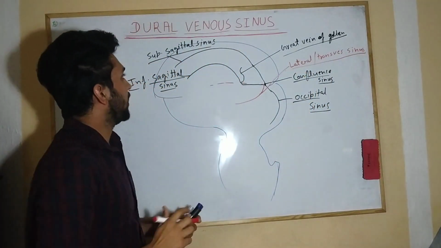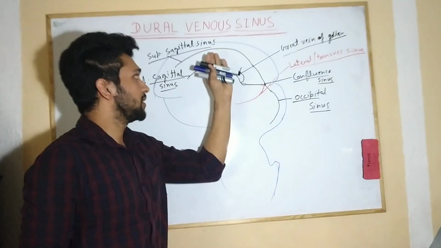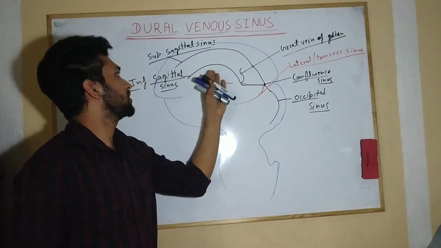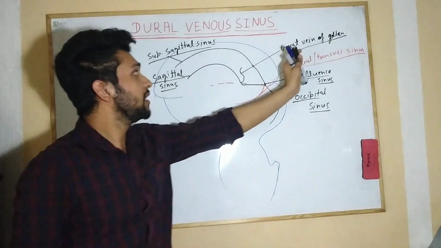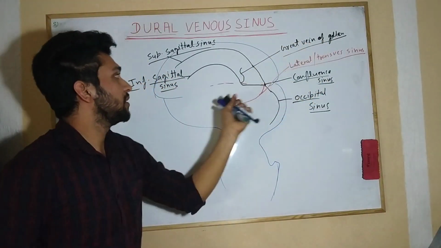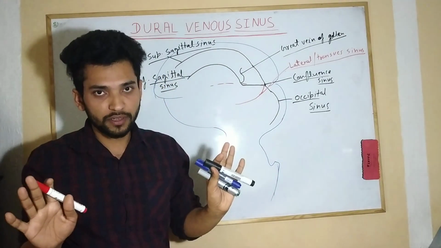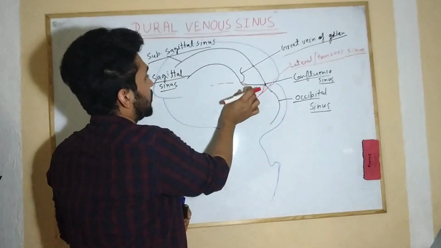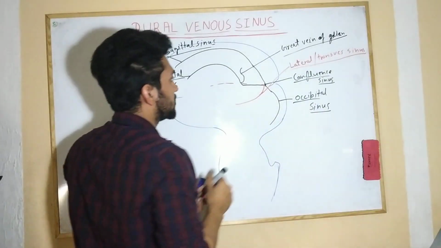So till now you have learned superior sagittal sinus, occipital sinus. They were the father and mother, and the son was inferior sagittal sinus, and he got a very great girl, Great Vein of Galen. He was twisted before marriage, but after the marriage he became very straight, like all men do. So he becomes straight, and he makes the straight sinus.